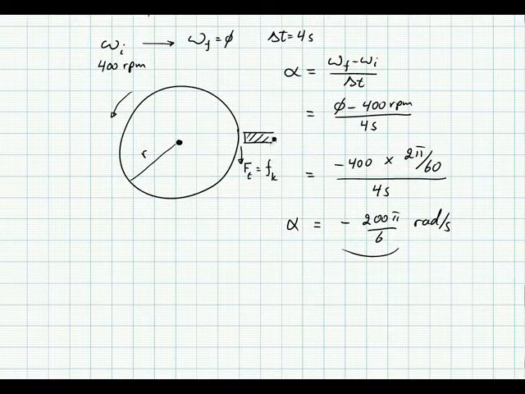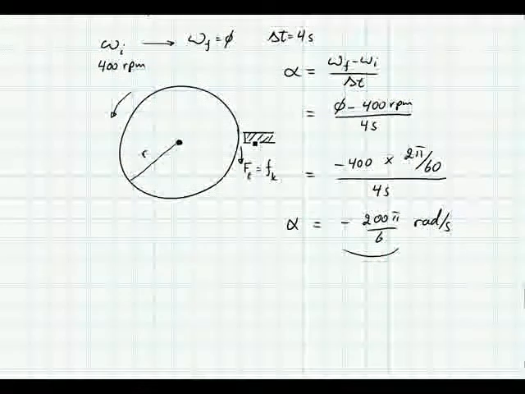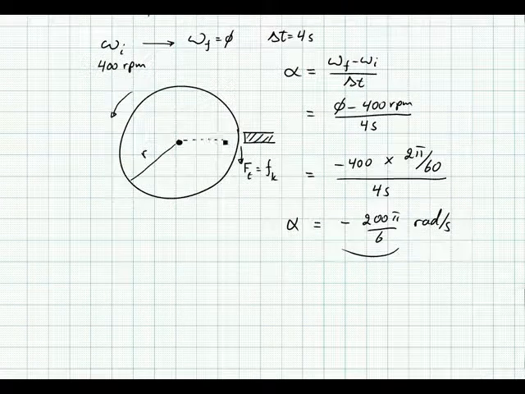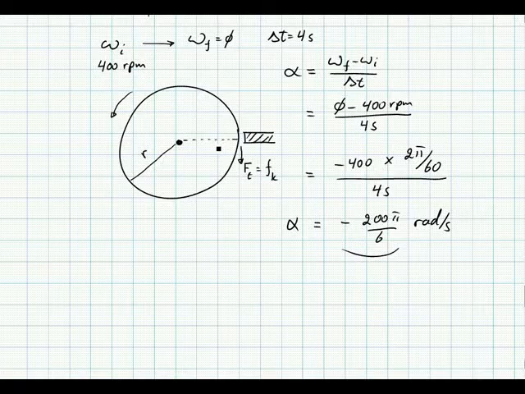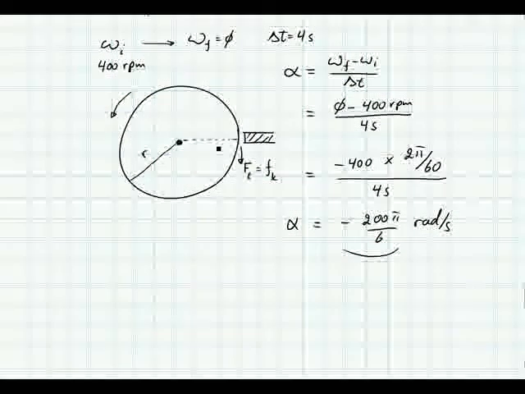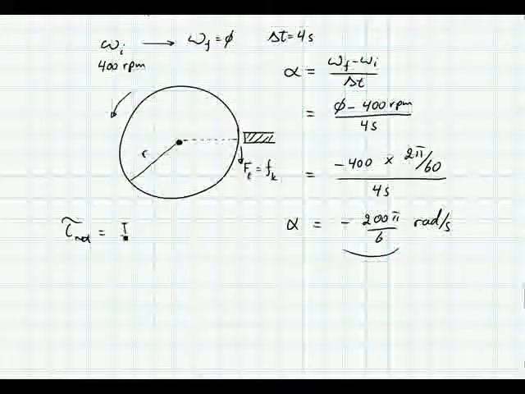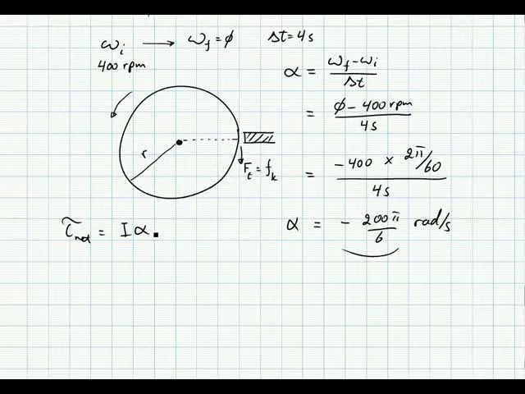So let's imagine this. We have a brake pad and we're trying to figure out how much friction force does one need to apply to bring the disc to a stop in 4 seconds. Well, we use torque, or net torque, is equal to I alpha. This is our Newton's second law for rotational motion.